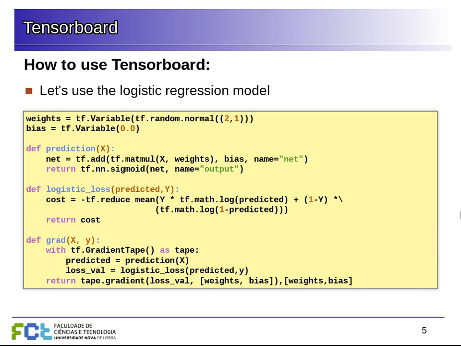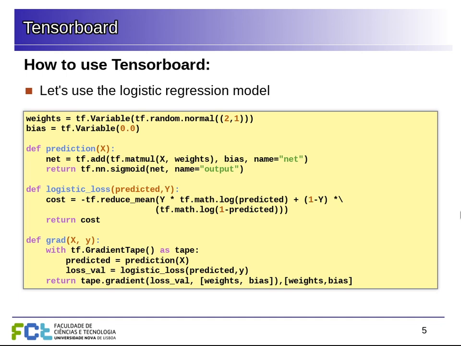Now let's use the logistic regression model that we used last week as an example. So I create here one neuron, which has these weights and the bias. This is the prediction, which is multiplying the weights by the matrix with the input and then applying a sigmoid activation.